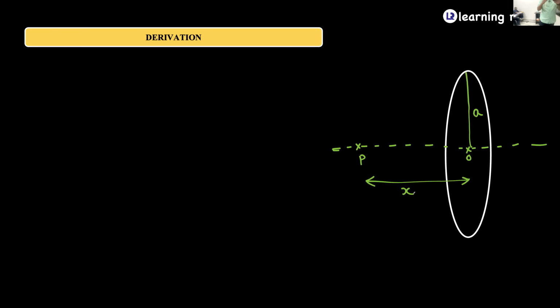So from this point, if I consider a small element dl here, first let me draw it. Let's say in this conductor, the current is in the anti-clockwise direction. So here it is going to be downwards and here it is going to be upward, and you're seeing it from this side. When you're seeing it from this side, when the current is anti-clockwise, at the top the current is towards you, whereas at the bottom the current is away from you.